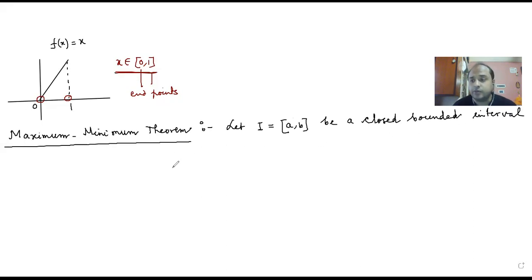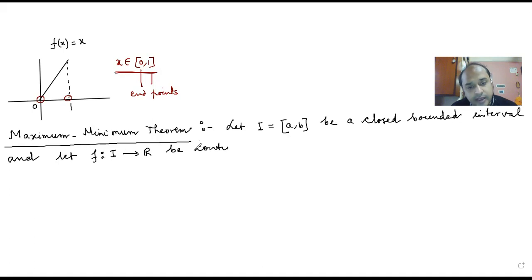I asked you to go through the chapter on real numbers as a prerequisite before coming to this section, so probably you have studied supremum and infimum also. I hope so.